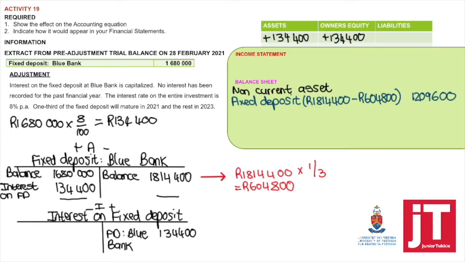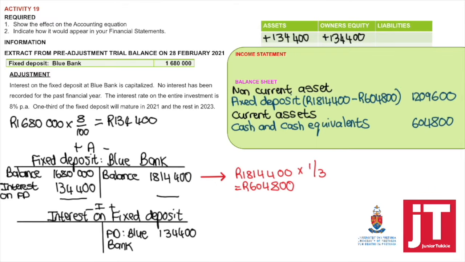So on my balance sheet, under non-current assets, I'm going to have the fixed deposit. Don't forget to write the name of the bank. I'm going to show 1,814,400 minus 604,800.